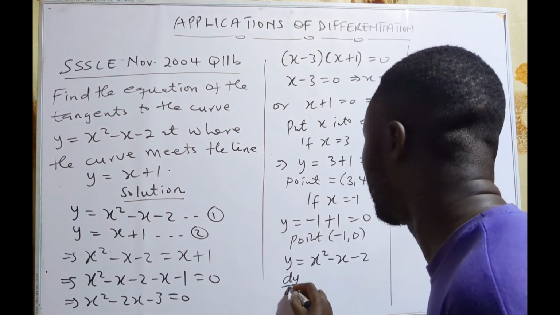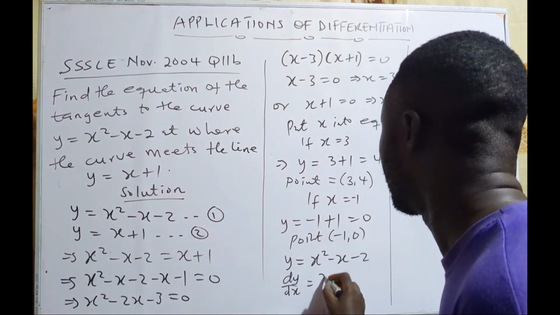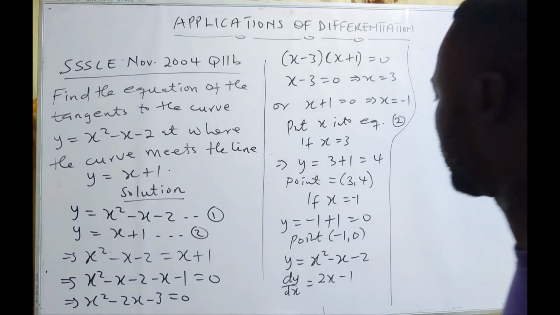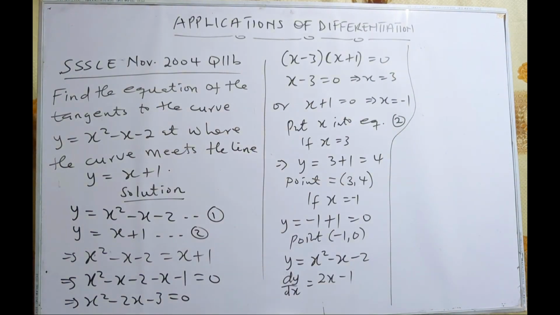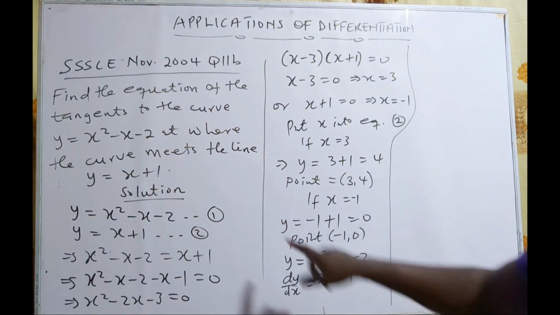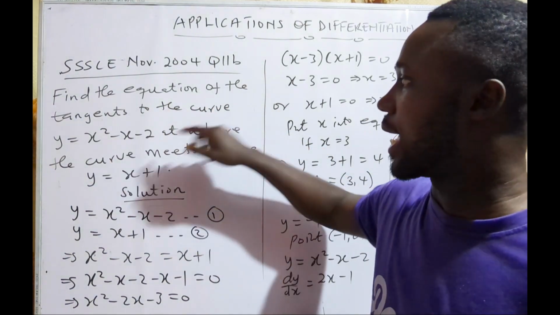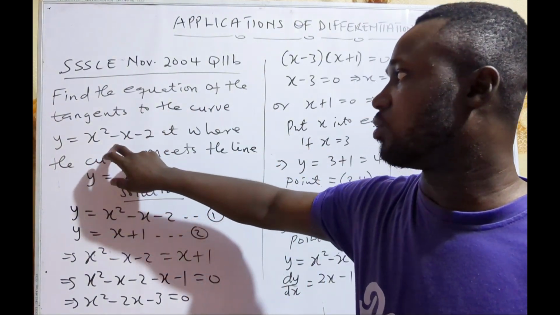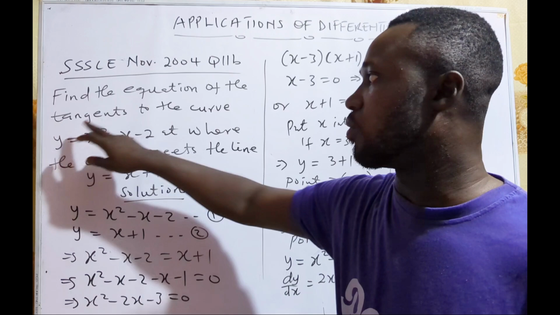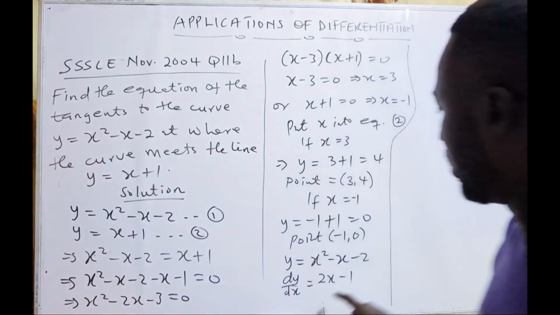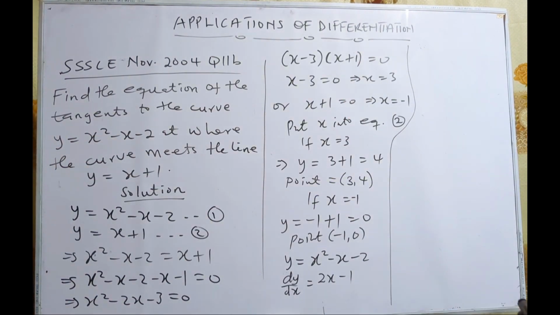Therefore, dy/dx will be equal to 2x minus 1. Alright, so this will be our gradient function, because we are finding the equation of the tangent to the curve.